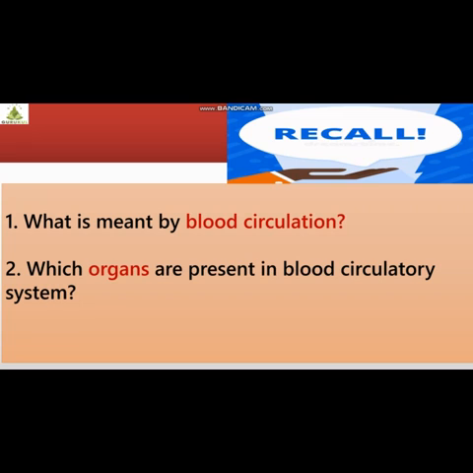Got it? Which organs are present in the blood circulatory system? The major components of the blood circulatory system are the heart and blood vessels. In blood vessels we have arteries, veins and capillaries. Don't worry, everything we are going to learn in this chapter.